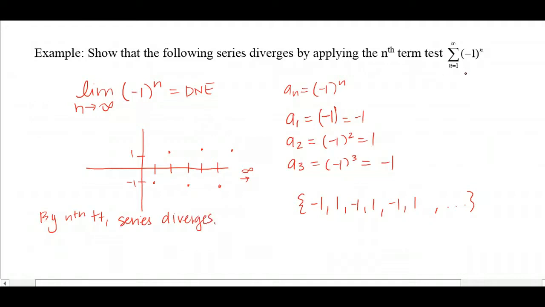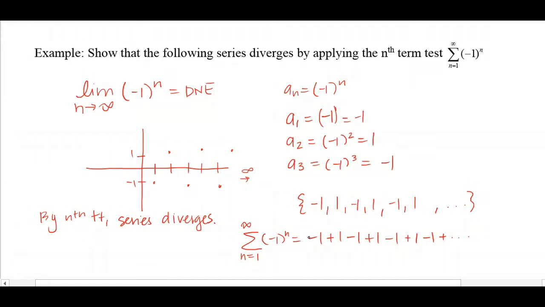Now, I do want to bring your attention to something interesting. If I were to have written out the terms of this series, the sum of n equals 1 to infinity of negative 1 to the n, well, that's negative 1 plus 1 minus 1 plus 1 minus 1 plus 1 minus 1, and so on.